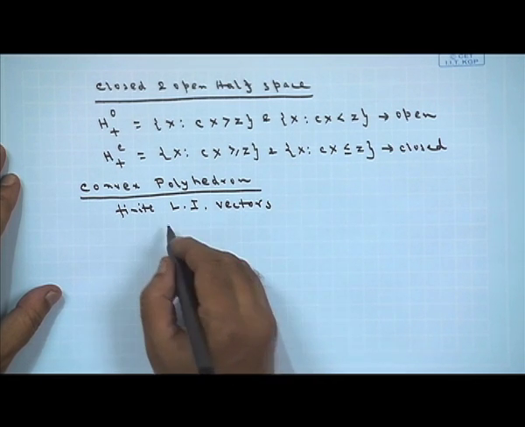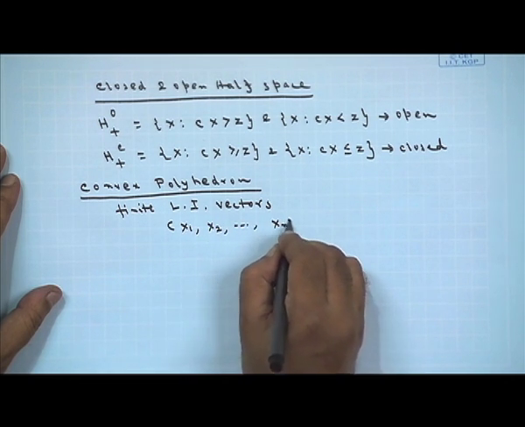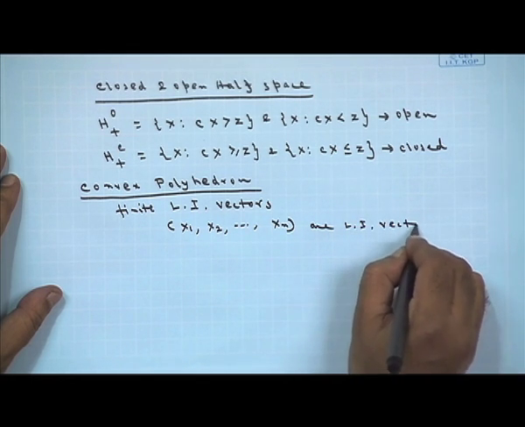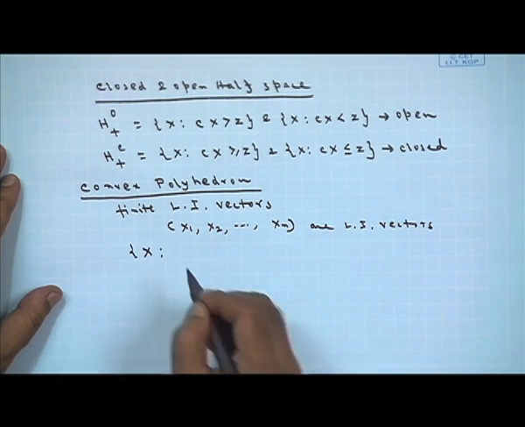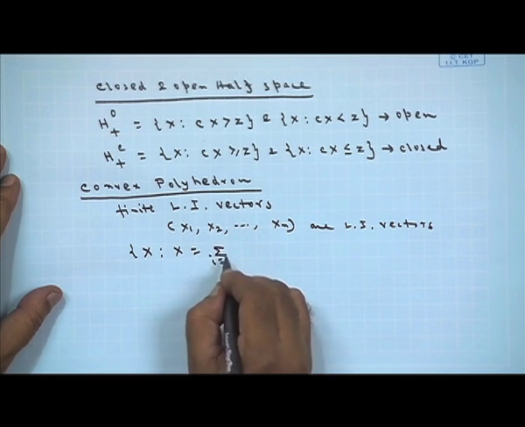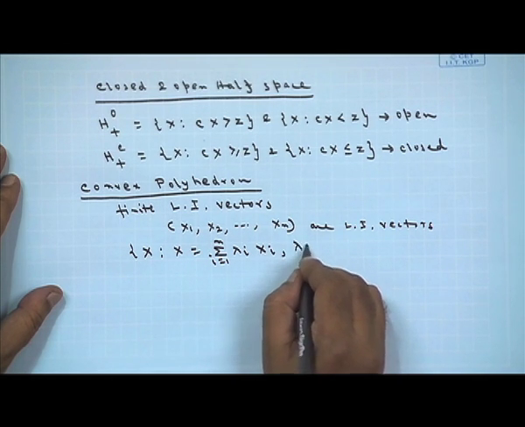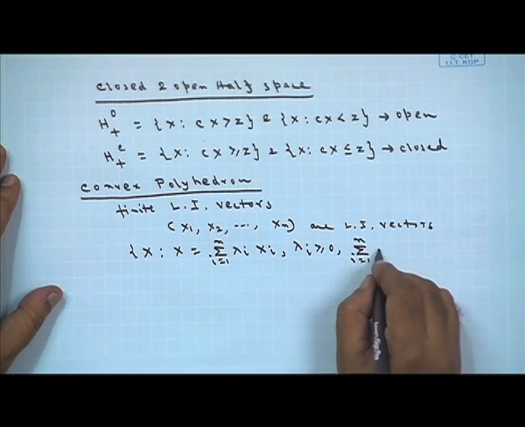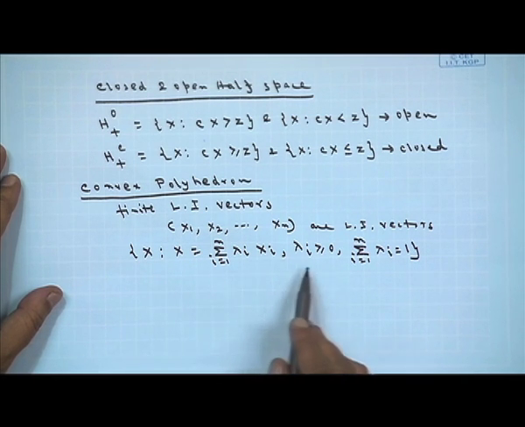Mathematically, if x1, x2, ..., xn are linearly independent vectors, then the set of x such that x equals summation i equals 1 to n lambda i xi, where lambda i greater than or equal to 0 and the sum of all these lambda i's equals 1, is known as one convex polyhedron.